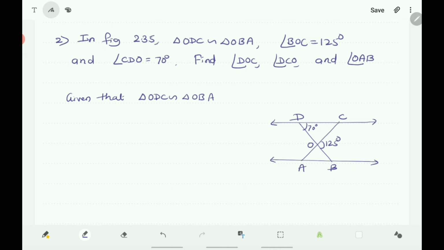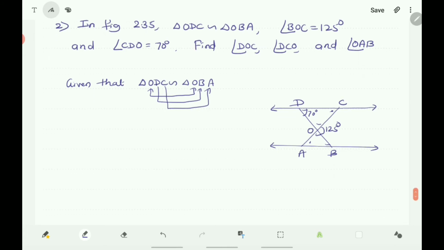That is, angle O is equal to angle O, angle D is equal to angle B, and angle C is equal to angle A. You must take the angles in this order, because triangle ODC is similar to triangle OBA means their corresponding angles are equal.